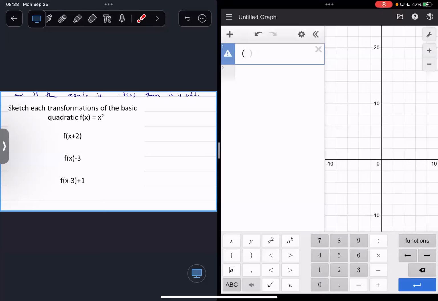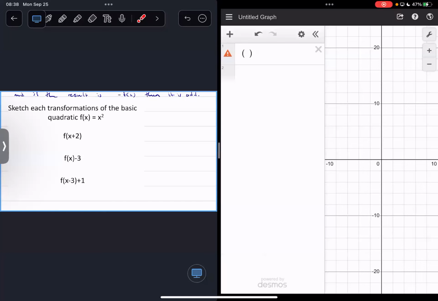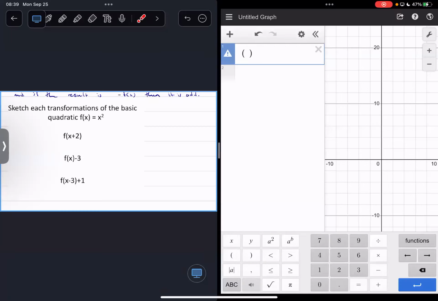Can't marvel at my tech savviness. All right, so it's keeping it on here. What if I change it to here? It's not working. All right, then I have x plus 2, I'm putting it into Desmos, and then squared.